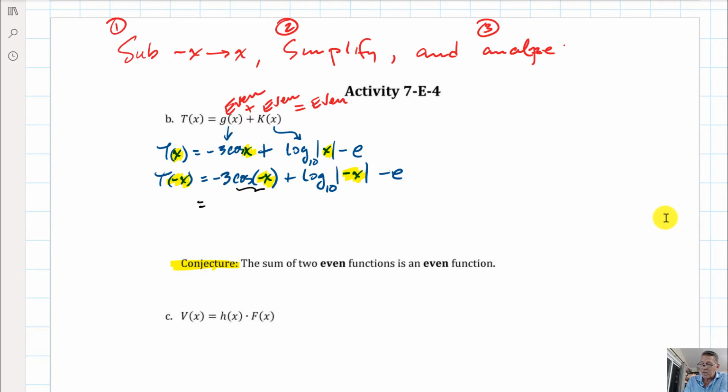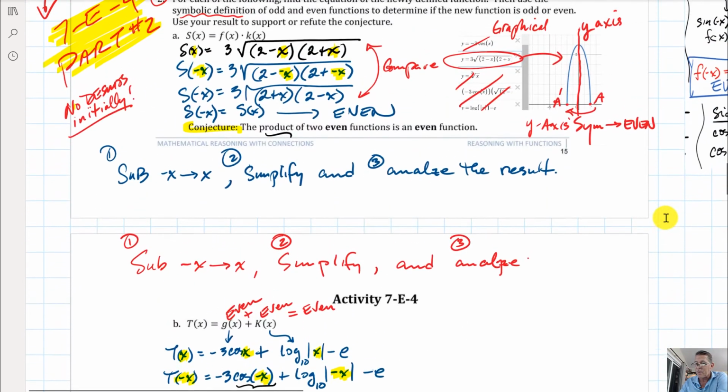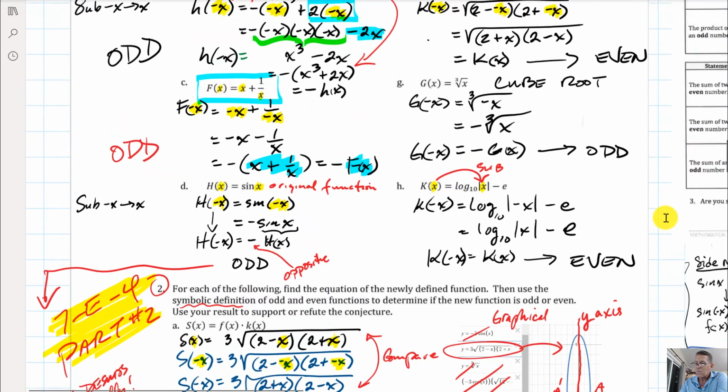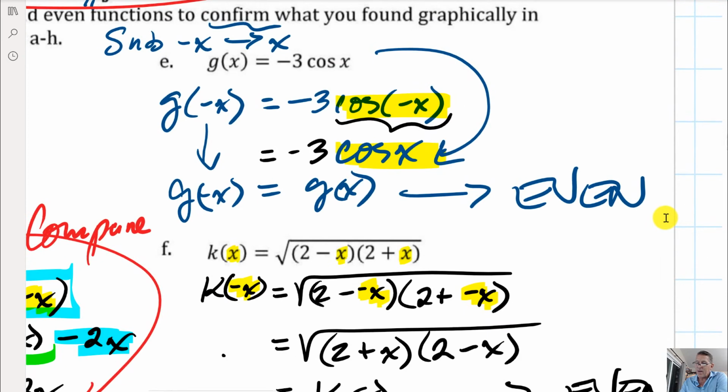Well, we talked about in the previous activity what cosine of negative X is. So let me go back up. Right here, in number 1, part E: the cosine of negative X is equal to cosine X because these are even functions. This function and this function are equal functions.